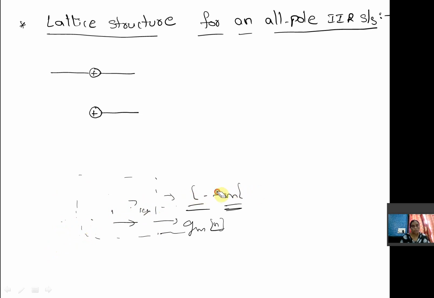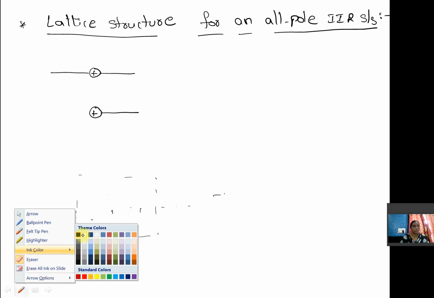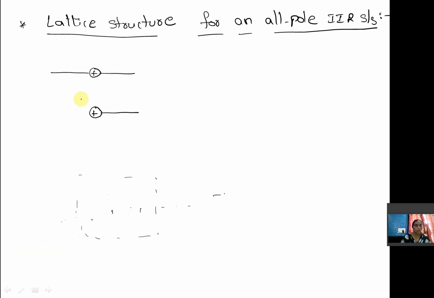Okay, so based on this structure, just reversing this particular lattice structure in the FIR, we just reversing this one. Okay, so now see how we draw this one. Practice this one. And this is actually x of n input. What is input? Fn of n.